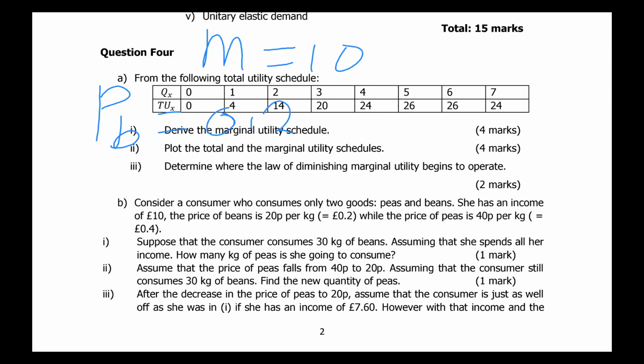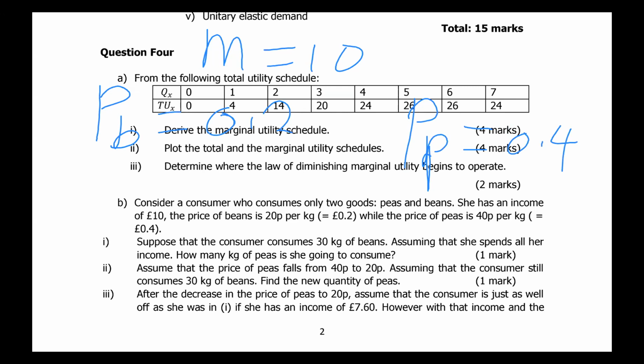And the price for peas, let's say PP is the price for peas, is equal to 0.4. Now check, you should get this concept clearly. It was there in your assignment, it will be there in the test, you will have it in the exams.